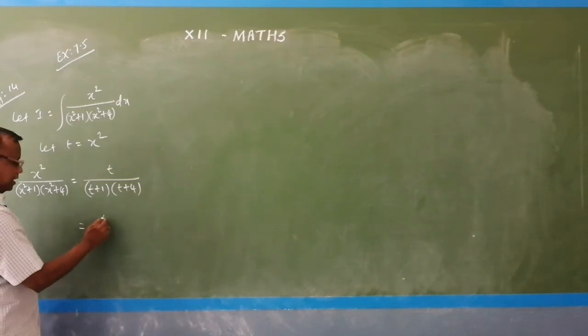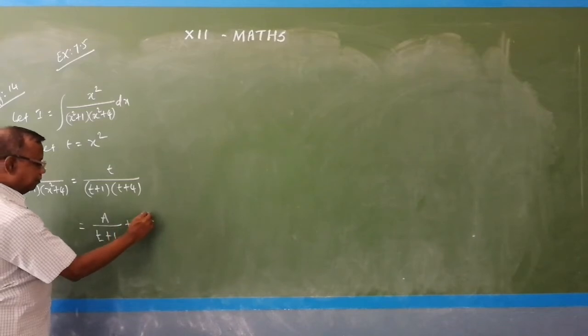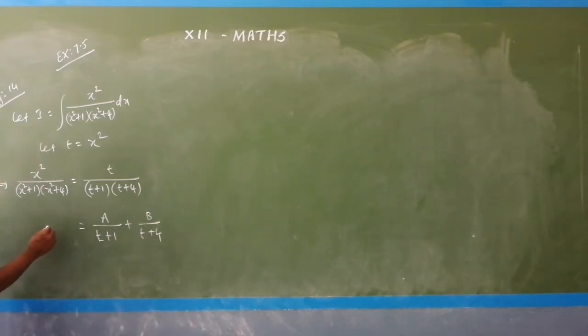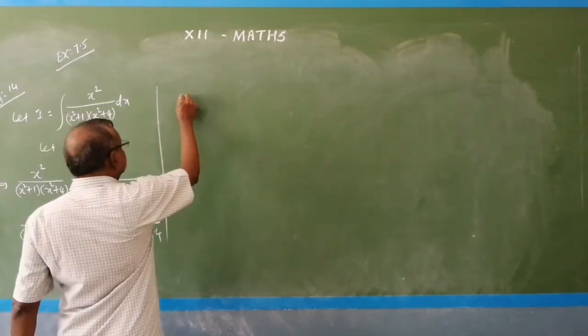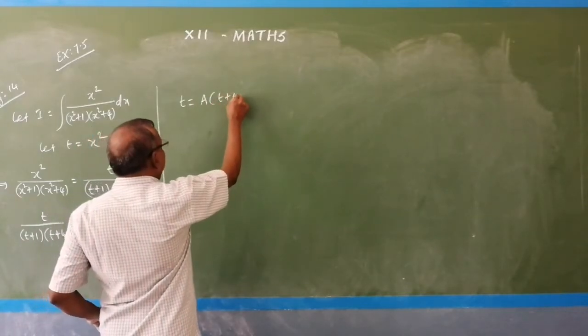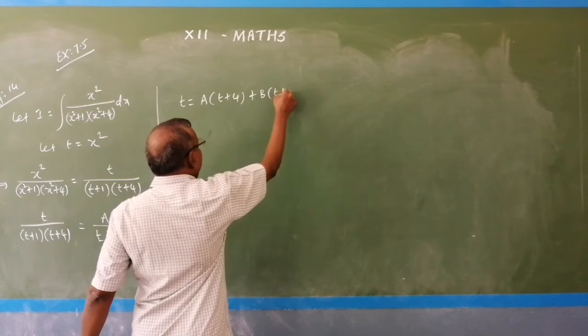So, this can be written as a by t plus 1 plus b by t plus 4, and equating the numerator, we have t equal to a into t plus 4 plus b into t plus 1.